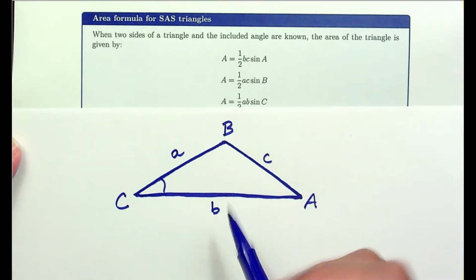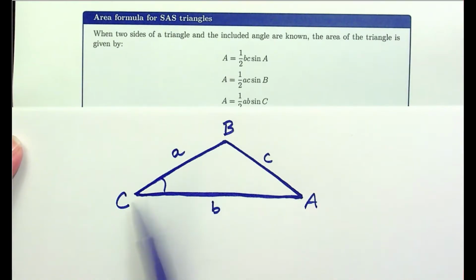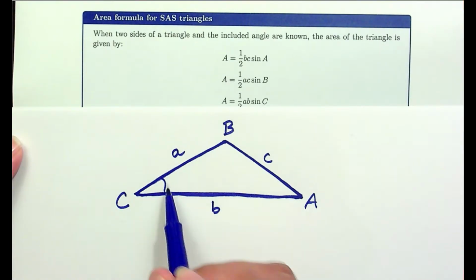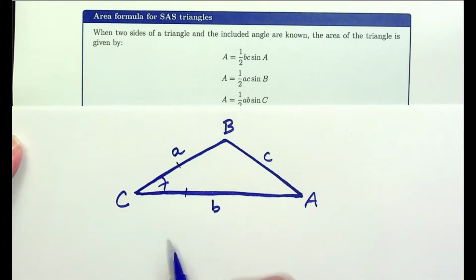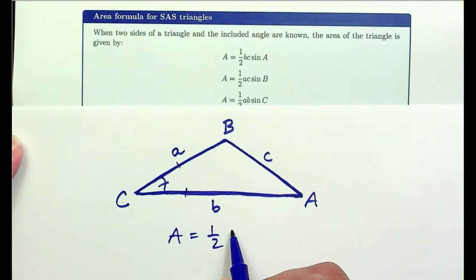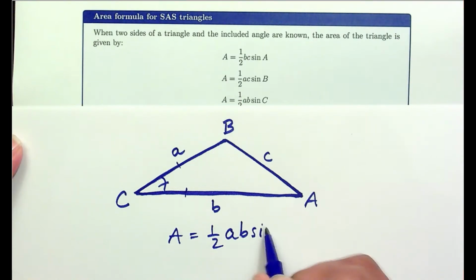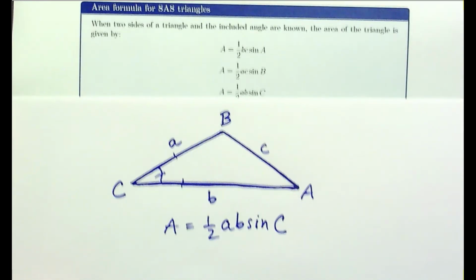So the formula says that if I know two sides and the angle between them, then the area can be computed using the formula 1/2 AB times the sine of the angle between those two sides. That's what the formula says.